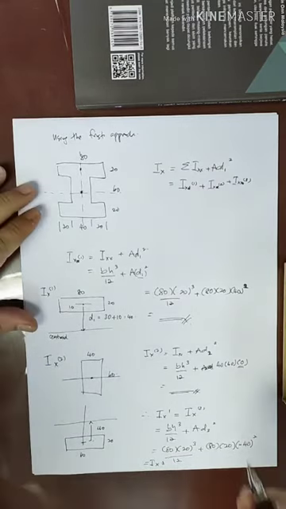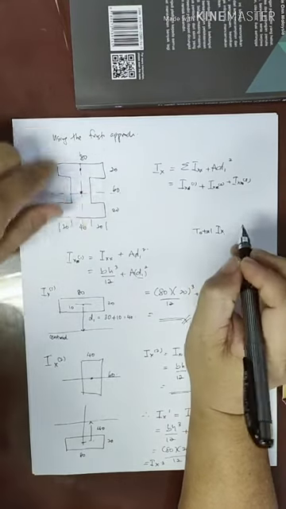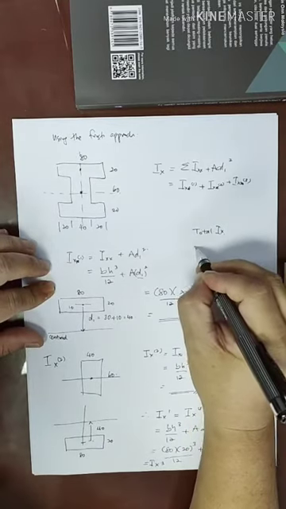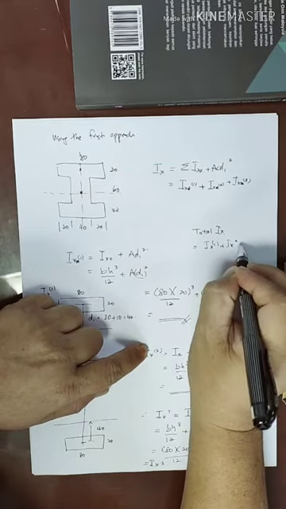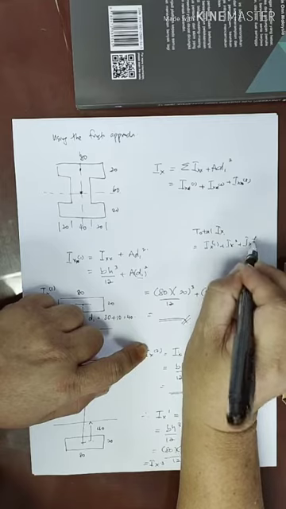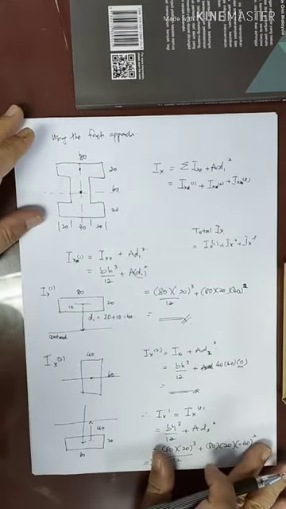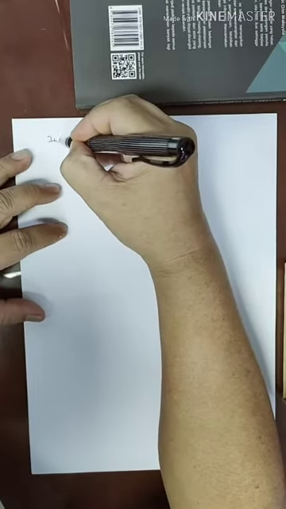So the total Ix for this particular dimension is equivalent to Ix1 plus Ix2 plus Ix3 by using the first approach. Okay, what if we use the second approach?